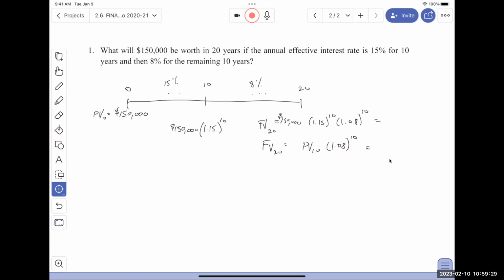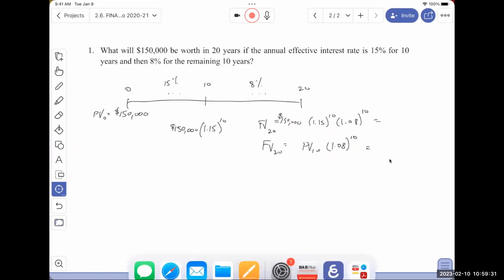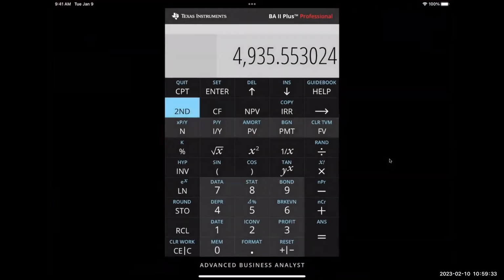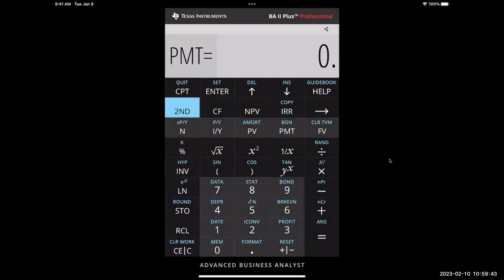Yeah, very good. You can use the finance keys or just the regular math keys. If I did 150 as my present value, no payments, and 15% for 10 years and compute FV, that's not what you got, right?